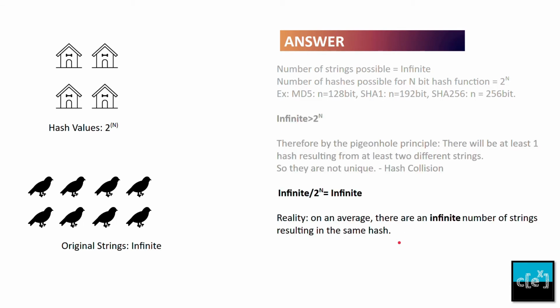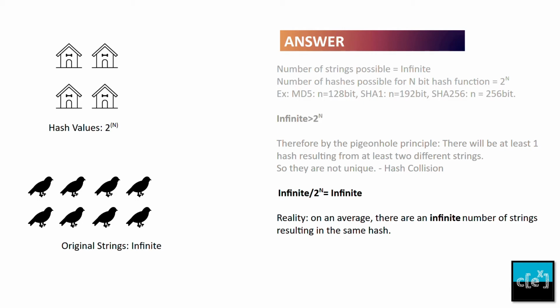Also, if we calculate the number of pigeons per house, that is infinity divided by 2^n, it results in infinity. This means on average, there are infinitely many strings resulting in the same hash, or there exist infinitely many hash collisions per hash.